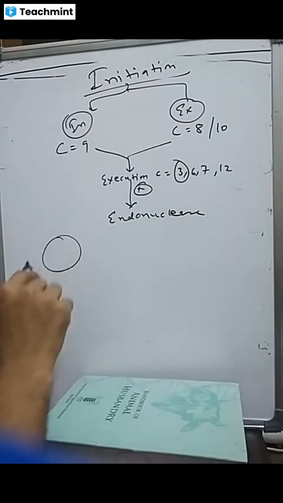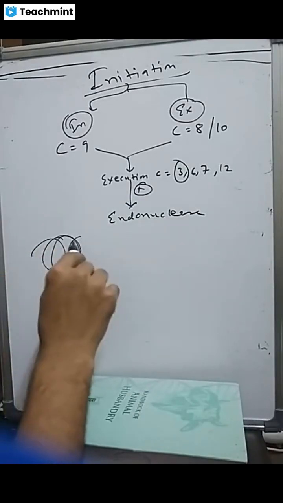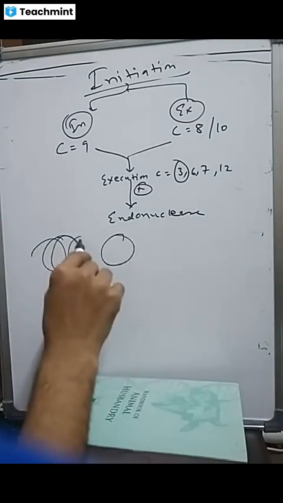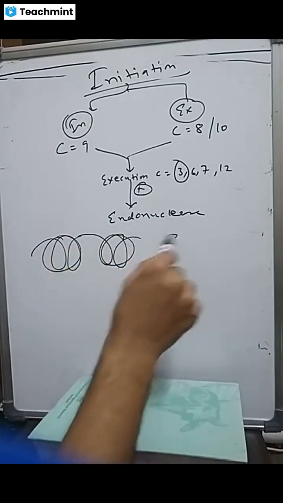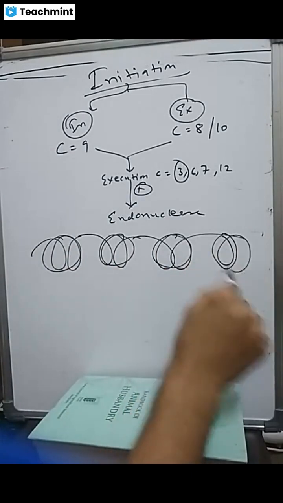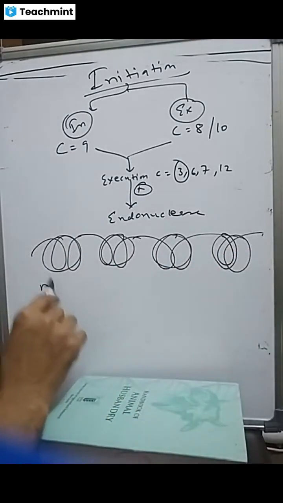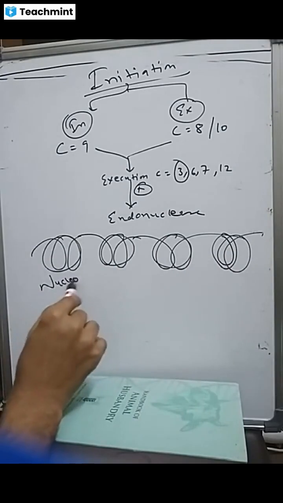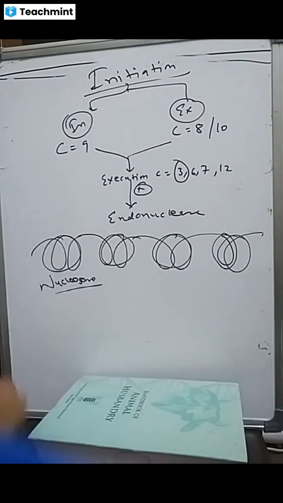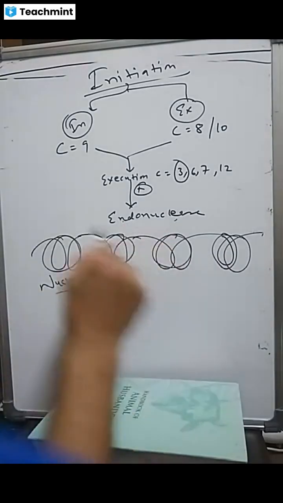Endonuclease will act on the DNA, which is wrapping over histone and forming some structure, and this structure is called a nucleosome. Endonuclease will cut here at this point.